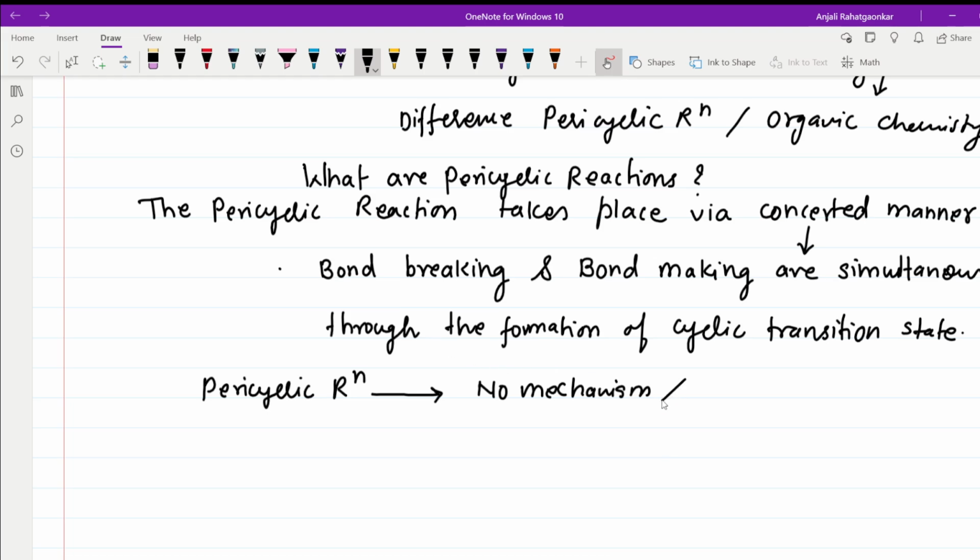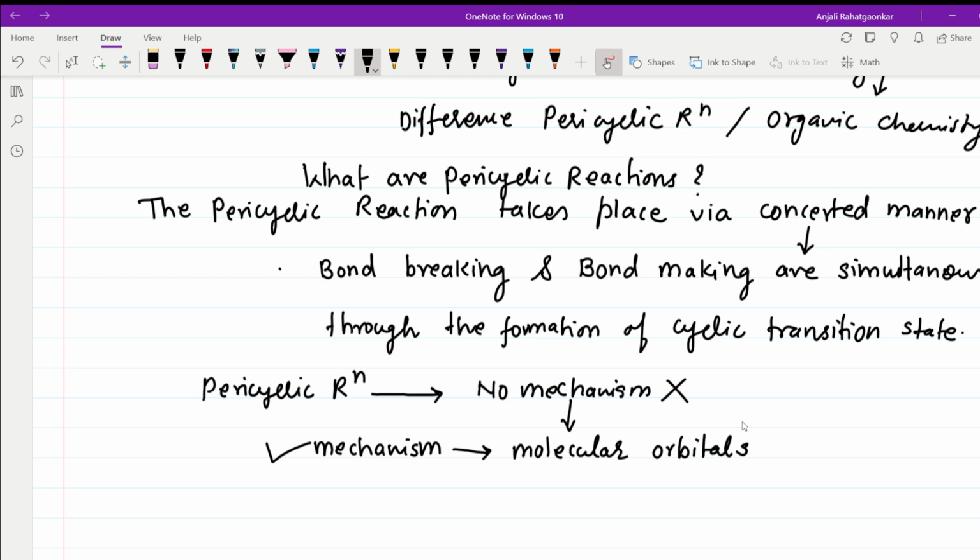It was further revealed that yes, there is a mechanism, but the methods are different. The reaction takes place via a mechanism, and the mechanism takes place via molecular orbitals. This is something very new we have to learn in this particular topic.